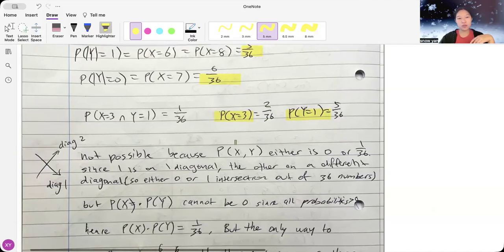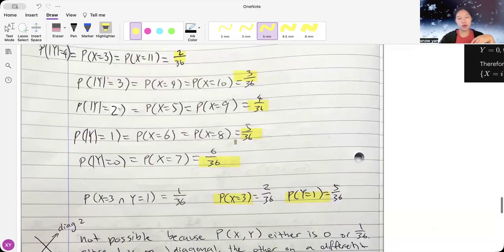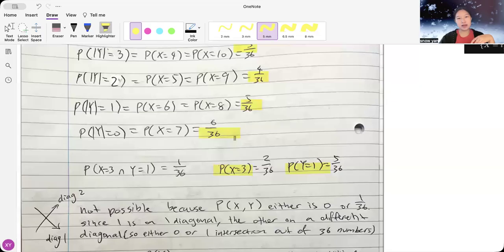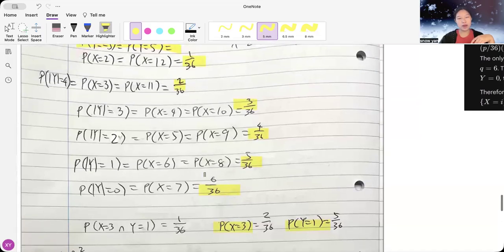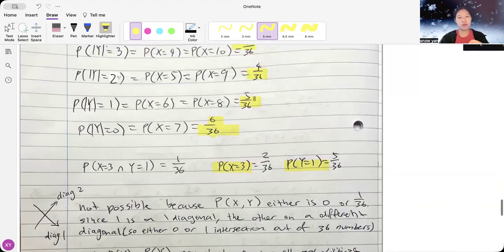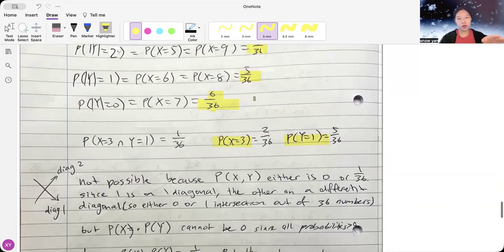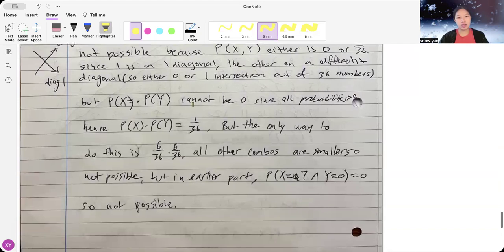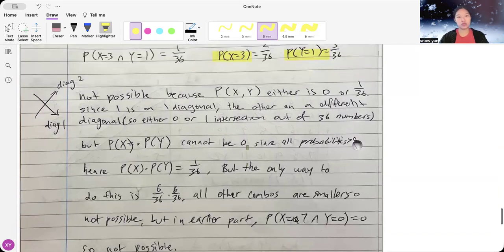But it's not actually possible because the maximum here is 6 over 36. And that's the only way when we have two of them to be multiplied together. Anything other than that would be smaller, so it would not be possible. But at the same time, we have already shown that in this case there was no intersection, so it's not possible. Hence, it's just not possible in general.